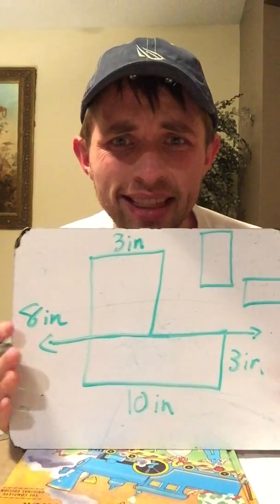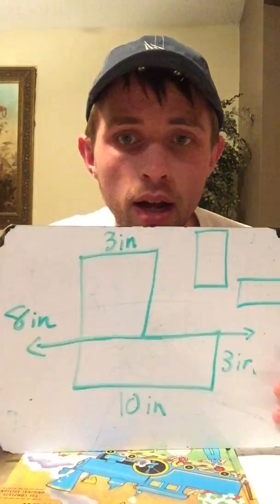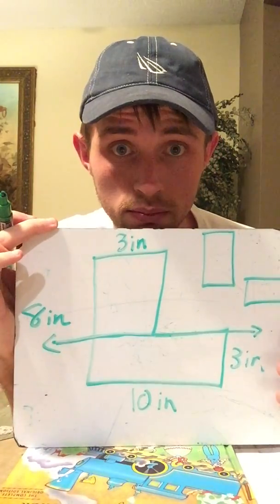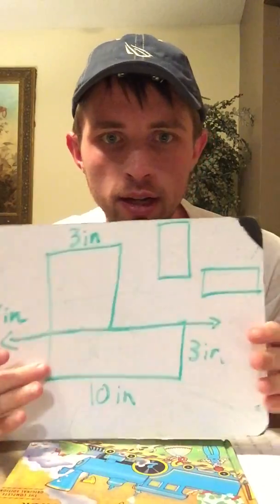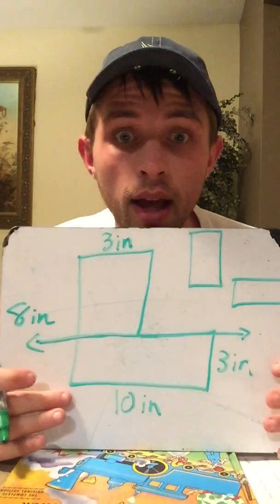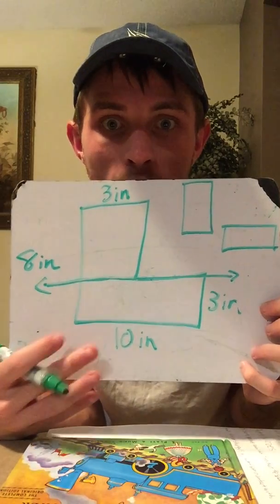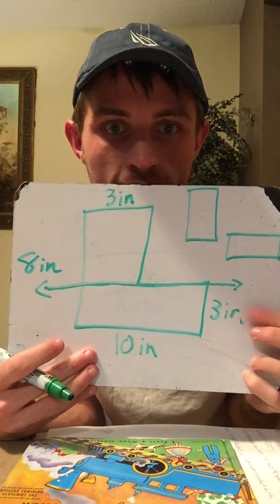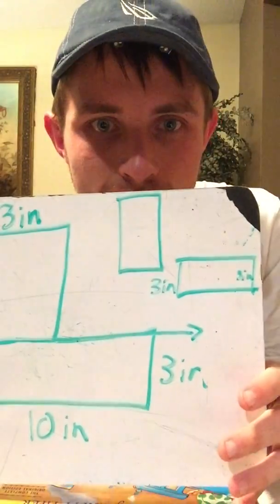Now, let's look at these dimensions here for a second. Let's start with this shape down here, because I have both dimensions for this shape. Do y'all see that? What is the length of this shape down here? It's 3 inches, right? So I'm going to write 3 inches as my length for that shape.